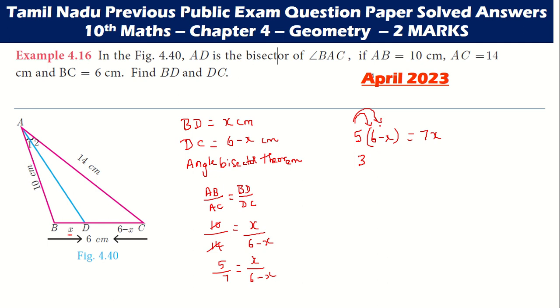So 5 into 6 is 30. 5 into x is 5x is equal to 7x. Then 30 is equal to 7x plus 5x. So 30 is equal to 12x. So where x is equal to 30 by 12, when you divide that number, you will get 2.5 centimeter.